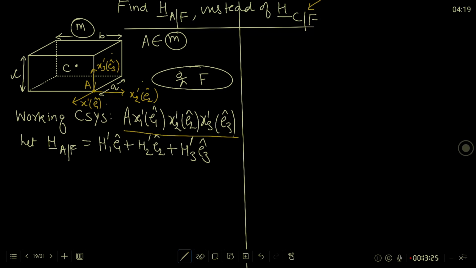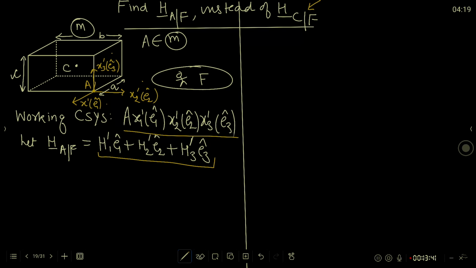Now if this yellow colored coordinate system is my working coordinate system, then I expect HAF to be of this form without any further condition or restriction.